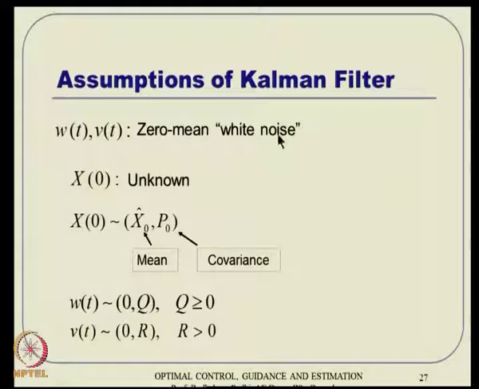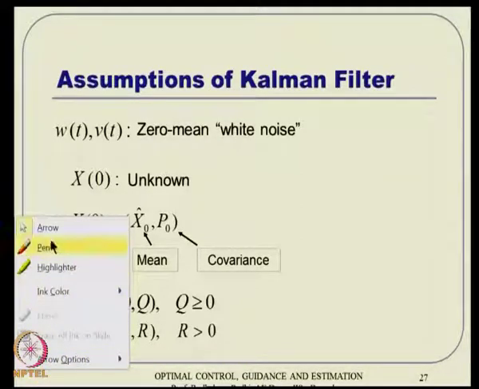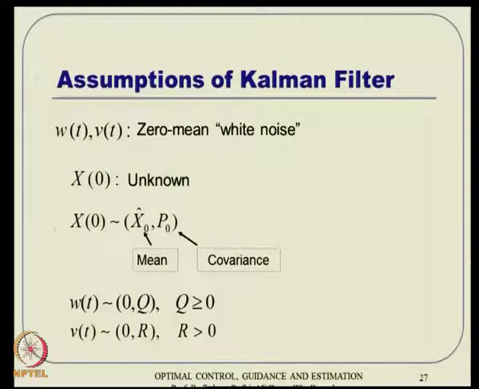That is called white noise. We also know that the initial condition is unknown. However, we know some sort of a mean value of the initial condition and some sort of a covariance matrix of the initial condition. What is P naught? If you define x tilde, which is x minus x hat, then P is nothing but the expected value of x tilde times x tilde transpose.